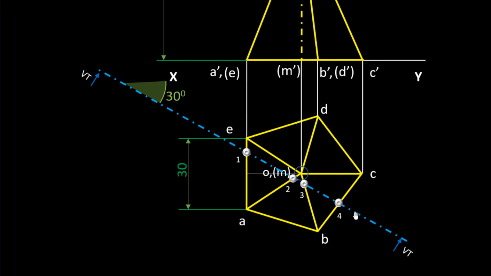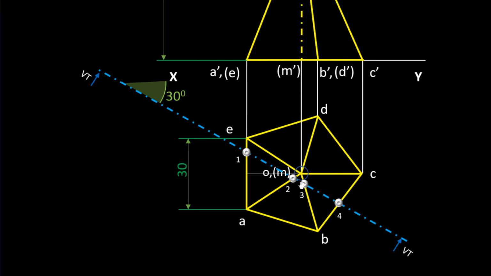Again move back through the section plane. Look at this edge. When moving around the section plane back to the initial position, we have already named point 4 for the edge BC. There we have no other edges, so no corners here.